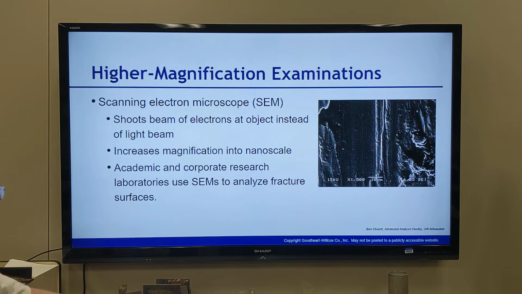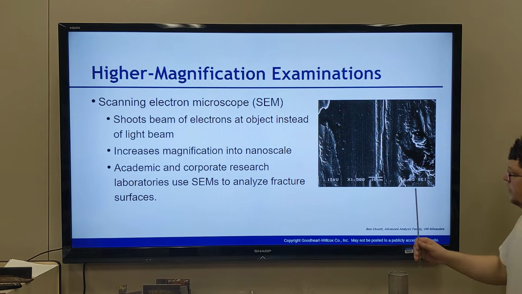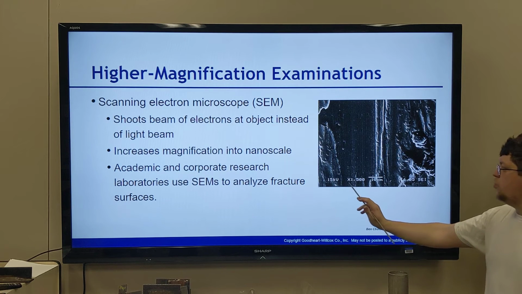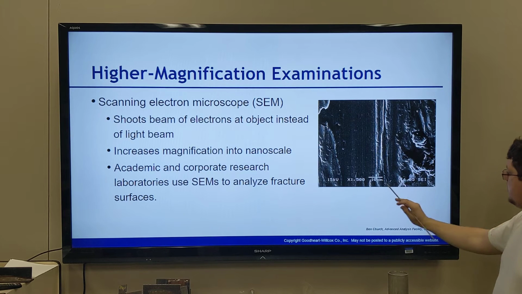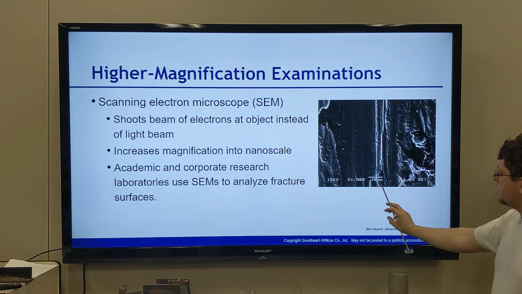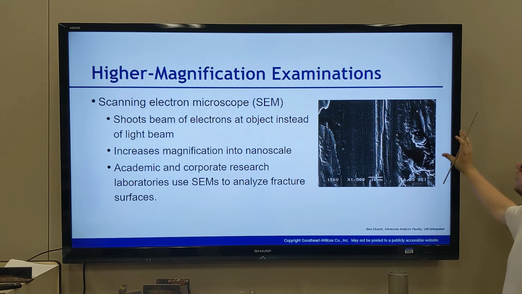It looks crystal clear, looks perfectly good. But when you get in there at 1,500 times zoomed in, on the micrometer scale, you see ridges, you see lines. You could almost look at this and say, oh, that's the bottom of the ocean, or maybe a picture of Mars. And that's a knife, just really zoomed in.